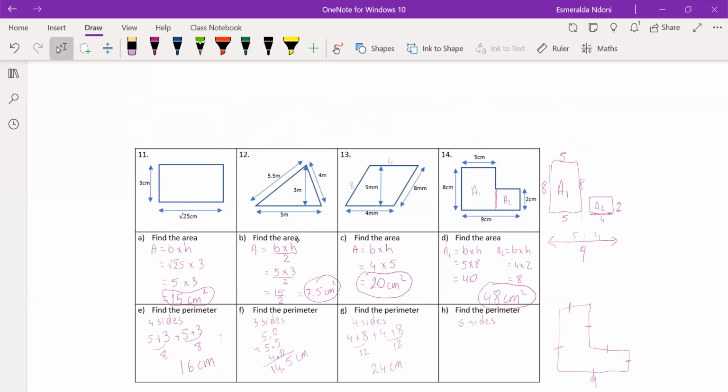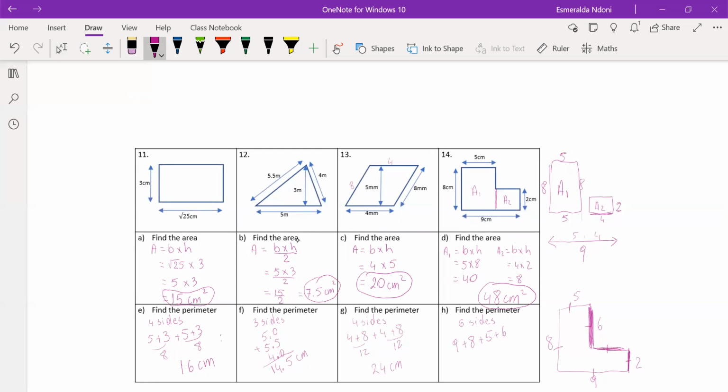We can see that from the shape. Then we have 8. The number at the top is 5. So I have 3 numbers so far. Now I need to find this side here. I know that this one here is 2 and the whole is 8. So this leaves me with 6 because 8 take away 2 is 6.